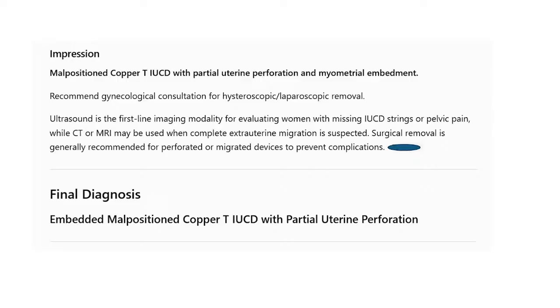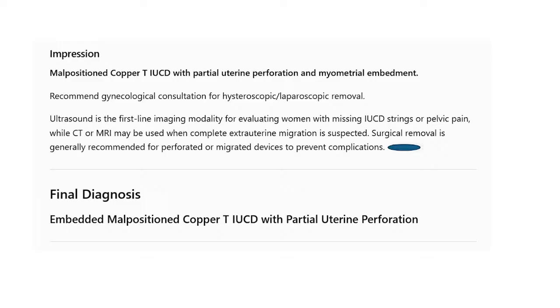So now, the impression: malpositioned IUCD with partial uterine perforation. Recommend gynecological consultation for hysteroscopic or laparoscopic removal. Ultrasound is the first-line imaging modality for evaluating IUCD, missing strings or pelvic pain, while CT or MRI is used when extrauterine migration is suspected.